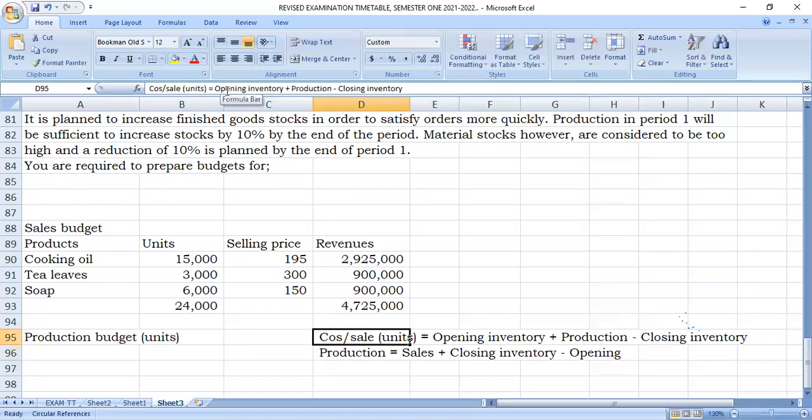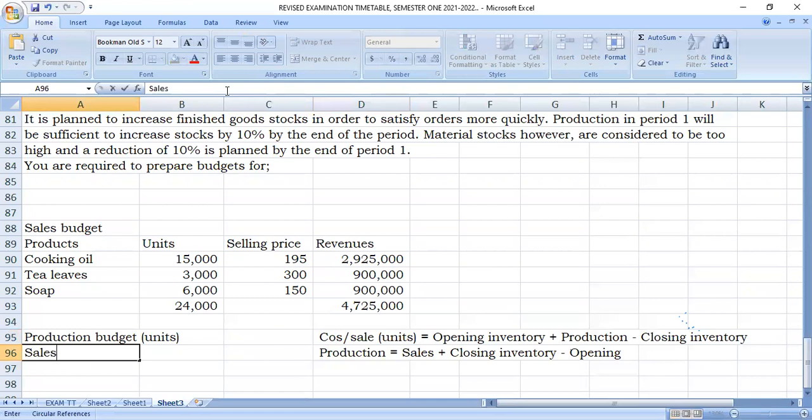It's coming from this formula, just making production the subject. So I apply this in my budget. Sales come first, then add closing inventory, then we're going to deduct opening inventory.